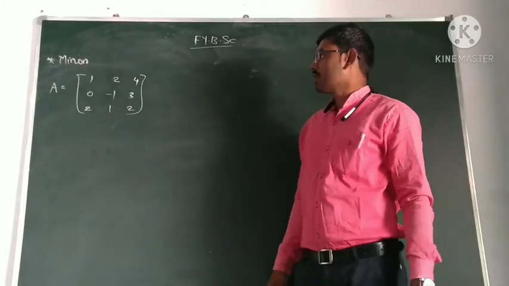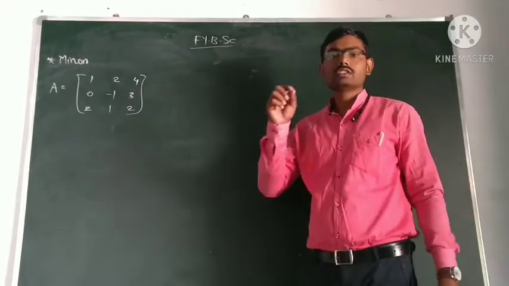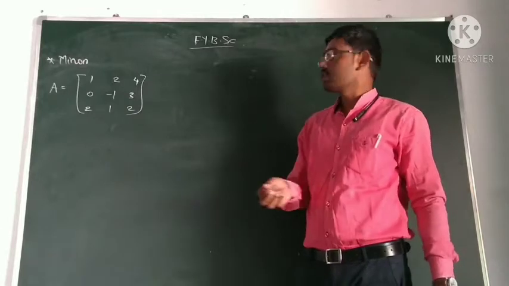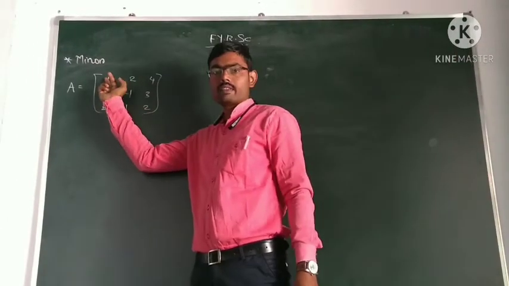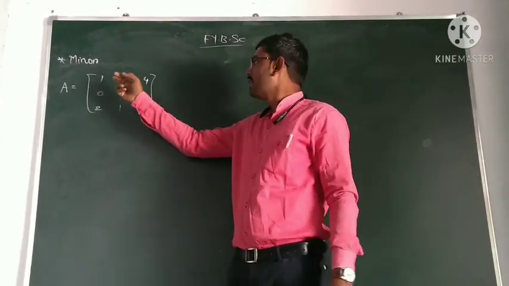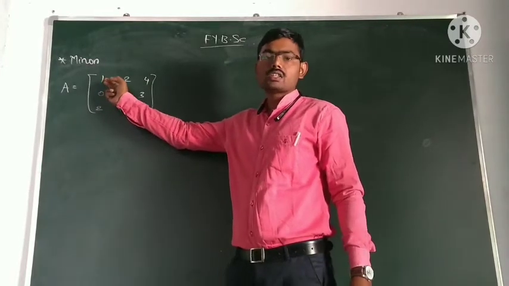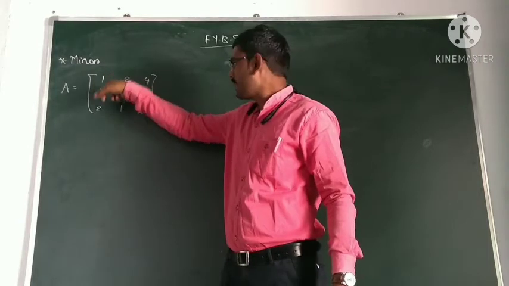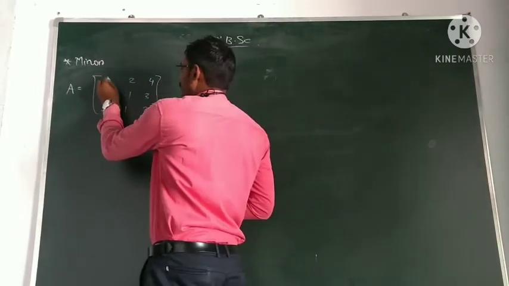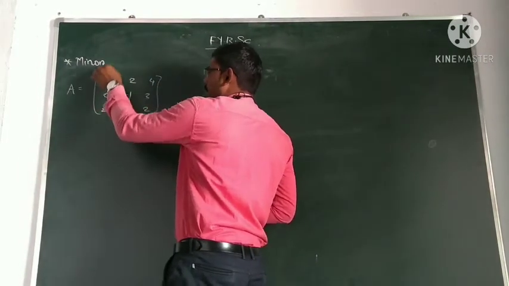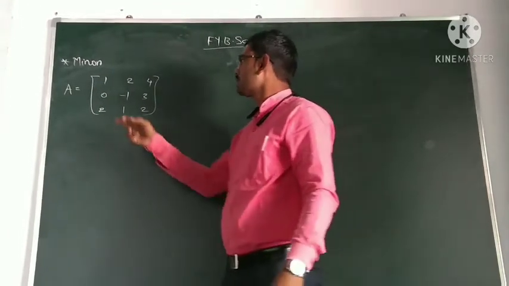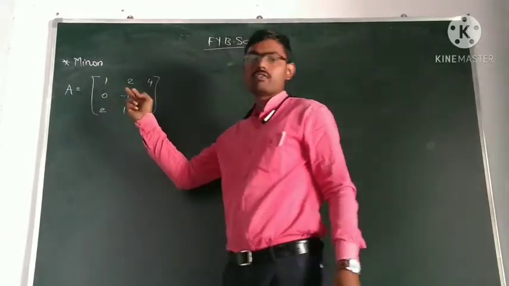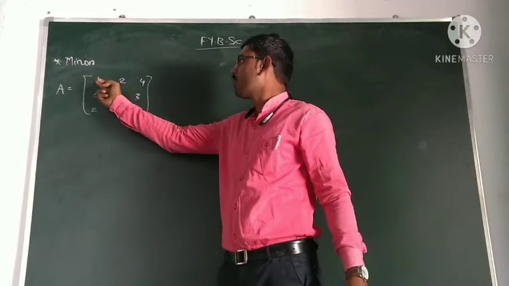Now what is the minor? Minor is associated with an element of the matrix. The minor of the first element is obtained by taking the determinant of the submatrix obtained by deleting the row containing the element and the column containing the element. We want to find the minor of the first element, that is a11.